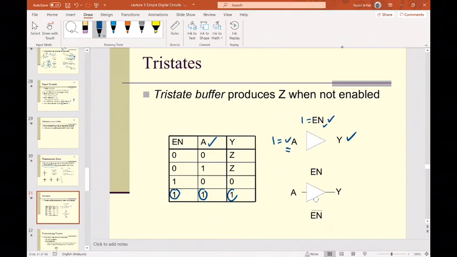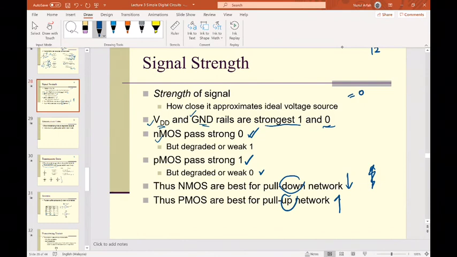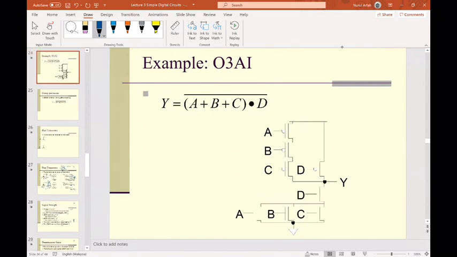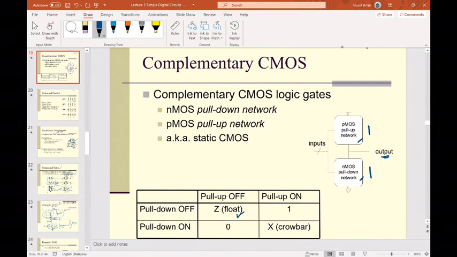But if you have this is 1, the input is 1, but now enable is equal to 0, this side. Okay, remember there's one state that we had in the previous slide, the first slide, the floating side, the Z floating side.